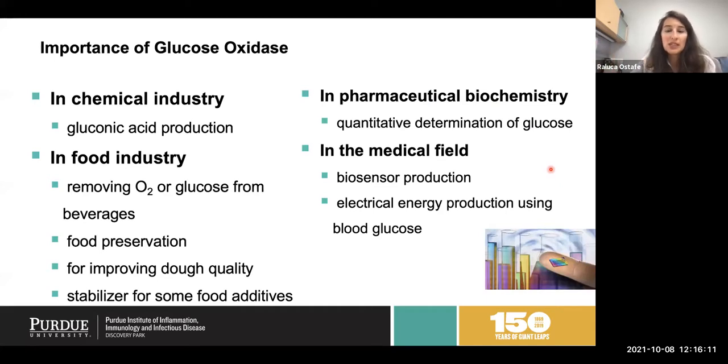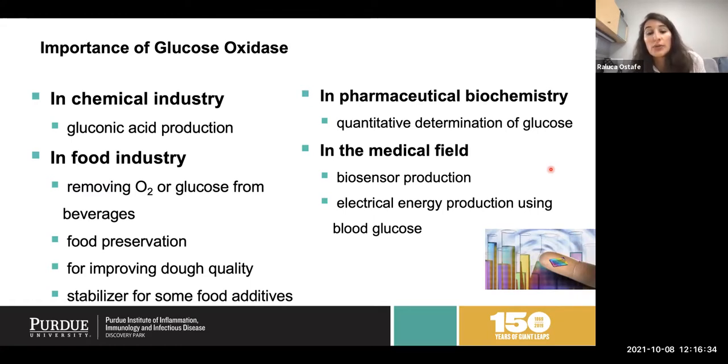So why did we start with glucose oxidase? Well, we had at that time also another collaboration partner that was interested in multiple applications, but glucose oxidase in general is very important for industry because it is used in chemical industry for gluconic acid production. It has application in food industry for removing oxygen or glucose from beverages.